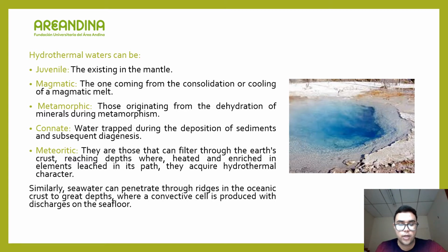Cognate is water trapped during the deposition of sediments and subsequent diagenesis. Meteoric waters can filter through the earth's crust, reaching depths where they are heated and enriched in elements linked in this path, and acquire hydrothermal characteristics.